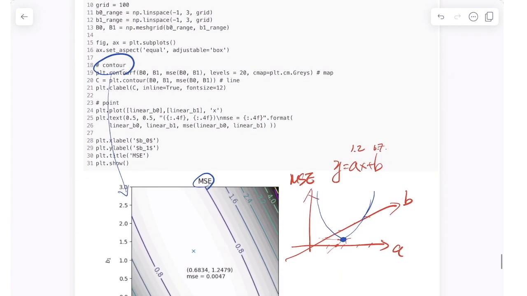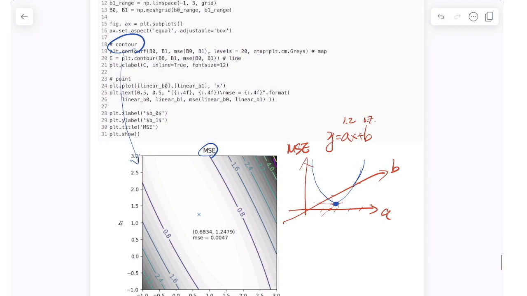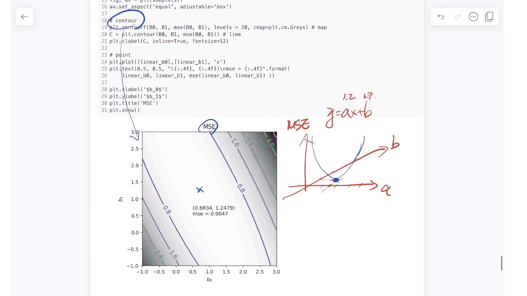If you are interested in plotting a contour graph, that is a contour line, okay. So that is the basin of your MSE value. You can see that is the lowest data point, the lowest MSE value, and its value is 0.0047, right?